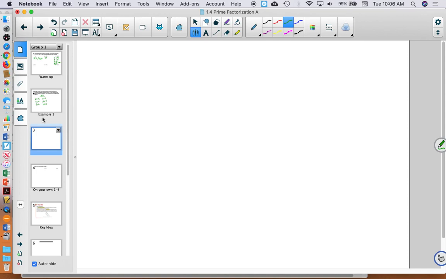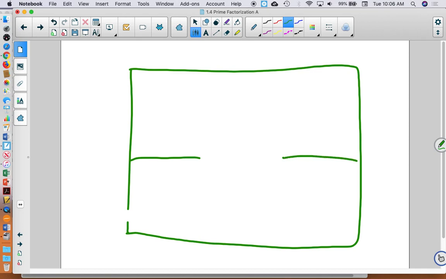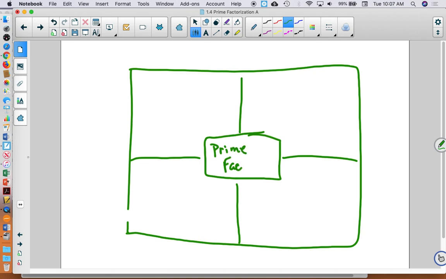But in the meantime, because I don't want to waste a lot of time waiting, we're going to go ahead. This is kind of my mock, right? We said prime. Prime factorization, okay? That'll just be the start of it. We're going to start with that. We actually have 3 words we're going to do today.